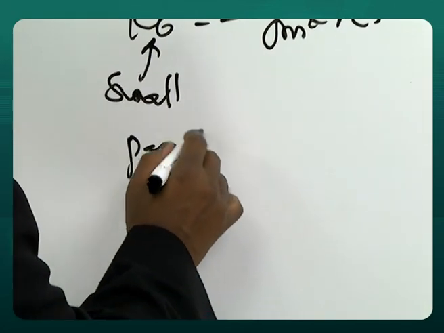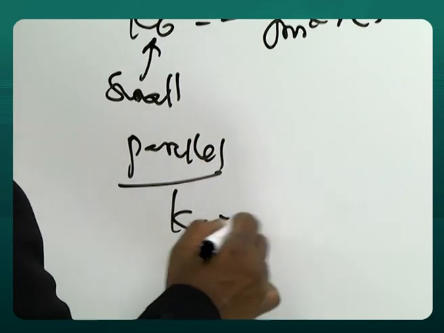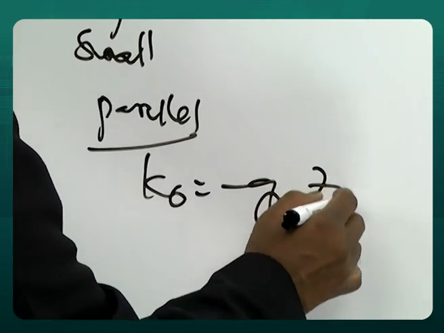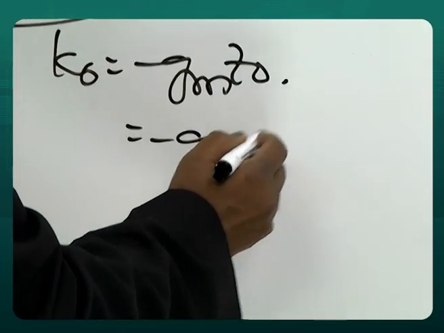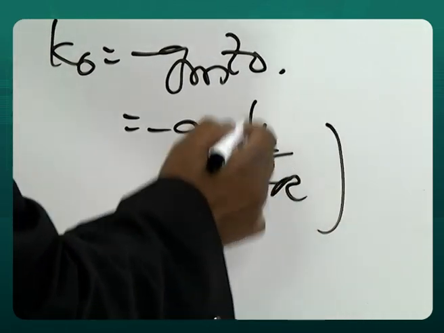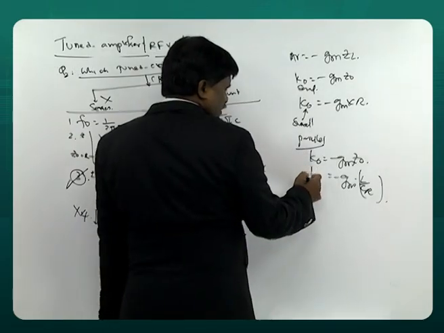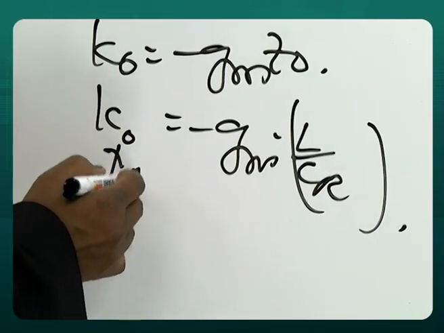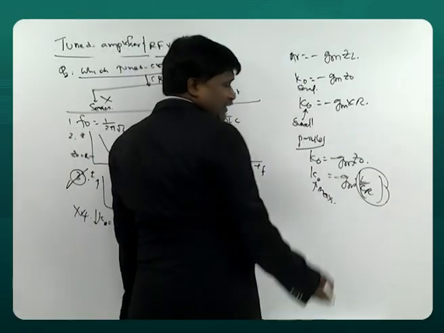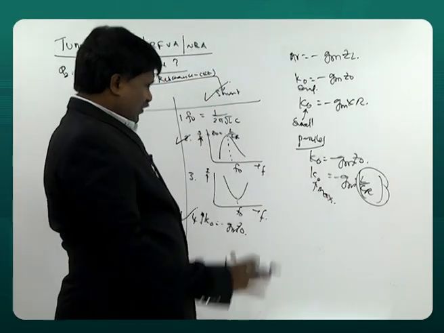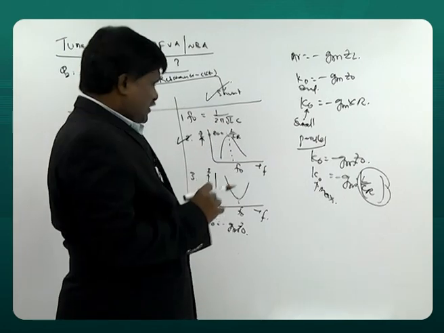Whereas in parallel, minus Gm into Z0, where Z0 is L by CR. This is maximum. When the load is maximum, gain is maximum. Everybody wants more gain at resonance.